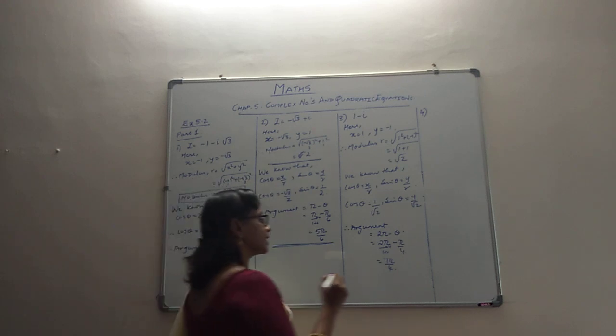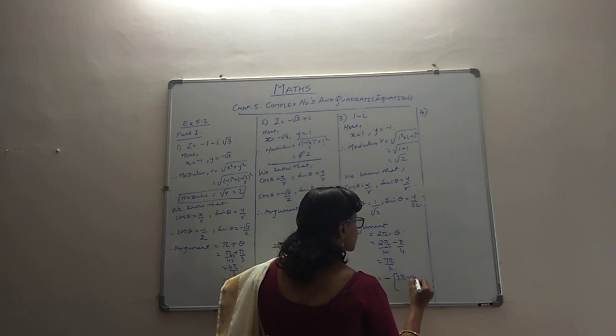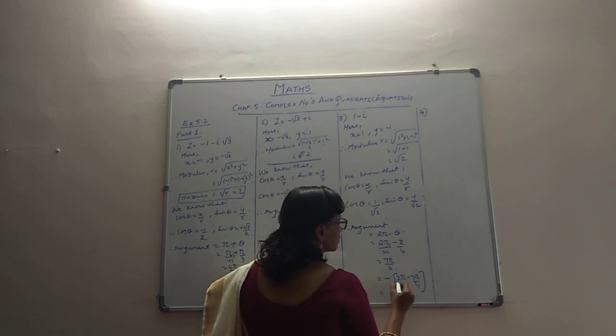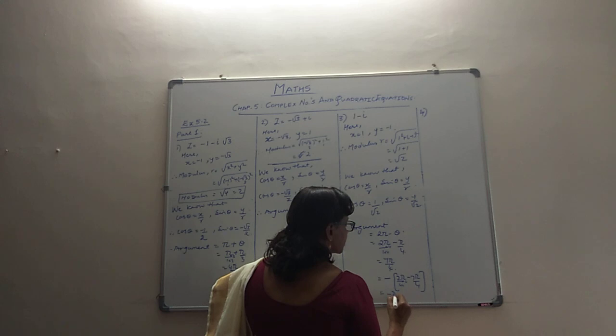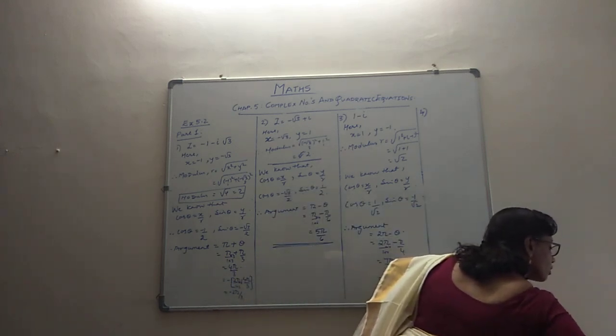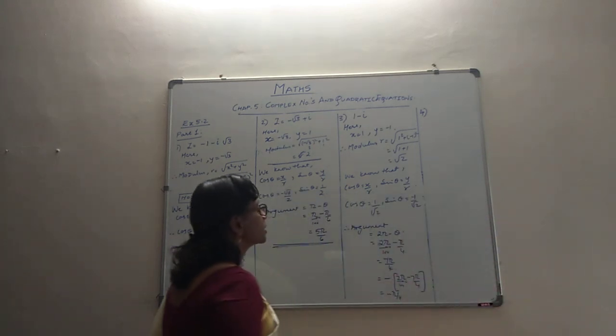So in order to get that shift, we will make it 7 pi by 4 minus 2 pi, and see how much it comes to when we equalize. 7 pi minus 8 pi, so that is minus pi by 4. That's it. Minus pi by 4.